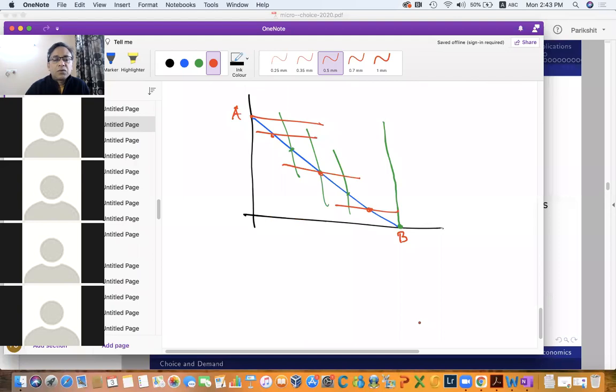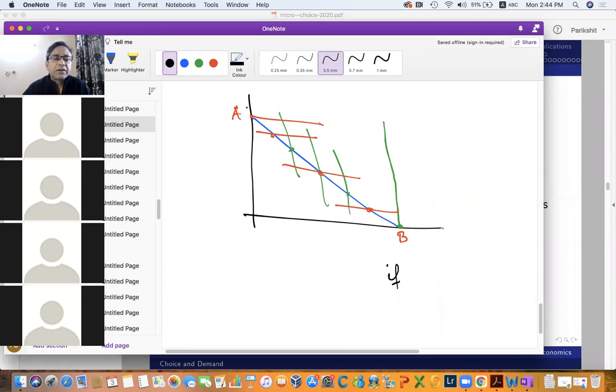Now, when do we get A? When do we get B? Well, as is clear from the picture, it depends on the relative slopes of the indifference curves and the budget line. We'll have this corner solution when, let me first write the condition and then the values.